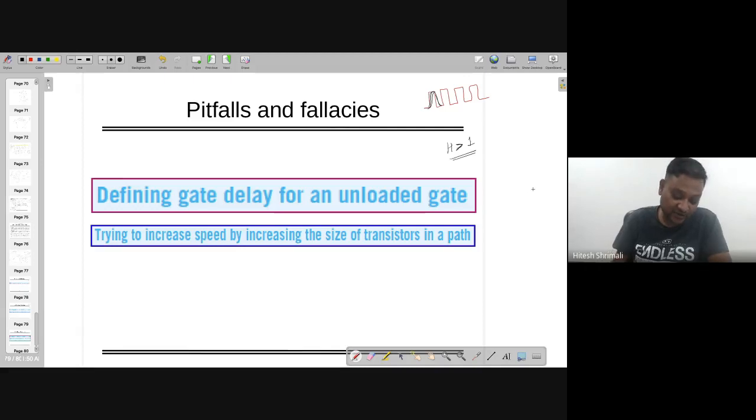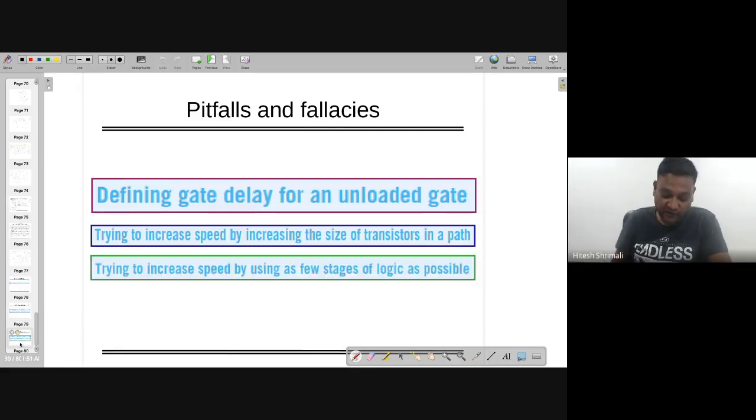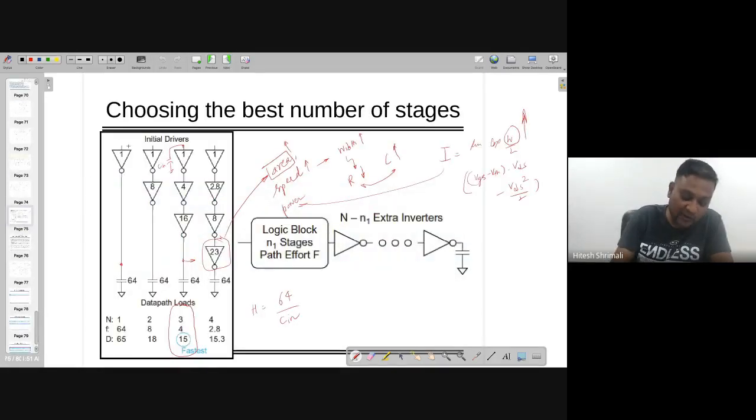So you have to make sure that what you are doing is known to you, what exactly is going on with the output capacitance and the input capacitance. Third and the last one, trying to increase the speed by using fewer stages. You might say let's keep fewer stages, as we have learned over here. If I am keeping only one stage, it will have better speed.